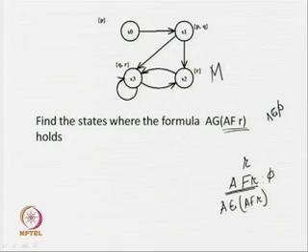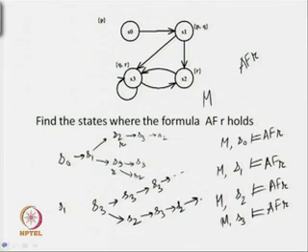When I come to state S0, we will see whether it holds in all possible states in all possible directions or not. Let us go back to my previous example. In the previous example we have seen that AF R is true in all those four states. What does it mean? Since AF R is true in all states, I can label those states with the formula AF R.